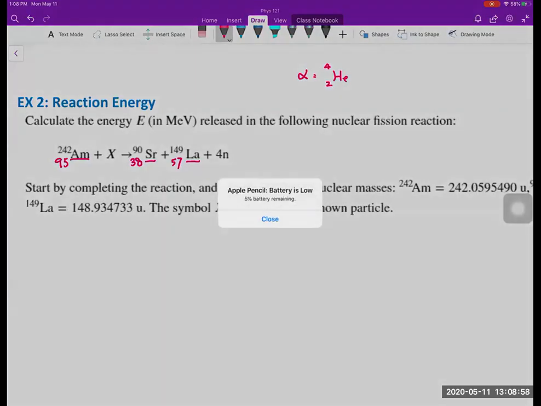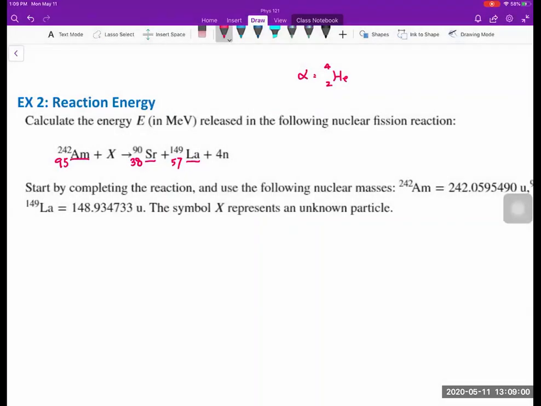If you have the beta particle, which is the electron, then when you write the electron, you put -1 over here, and there's no proton, there's no neutron. It's just an electron, so it's 0 on the top. This is how you represent the beta particle. For the neutron, you only have the neutron, so there's no proton at the bottom, right?